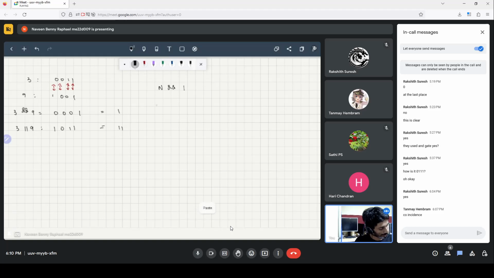If you take 3, we have 0011 and 0001, and that will give us 0001, which is equal to 1. If you take an even number, let's say 4, 0100, and then you AND it, you will get 0000.